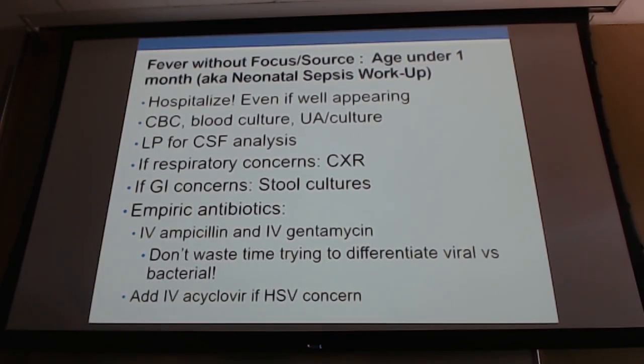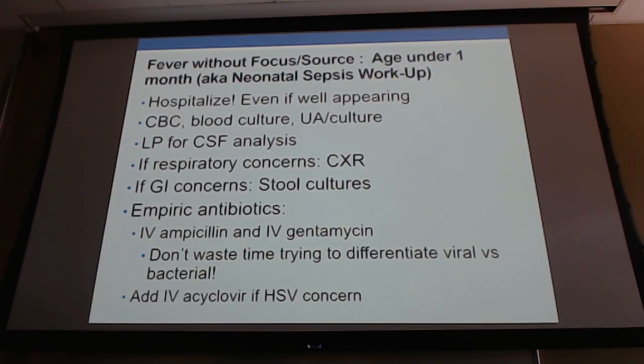I need to get fluid and a culture from all the places where there are fluid. So I need to get blood and a blood culture in 2 places. I need to get urine and a urine culture. I need to get CSF and a CSF culture. So any of those 3 places where they can have that serious bacterial infection, you need to get fluid and a culture from all of those places.